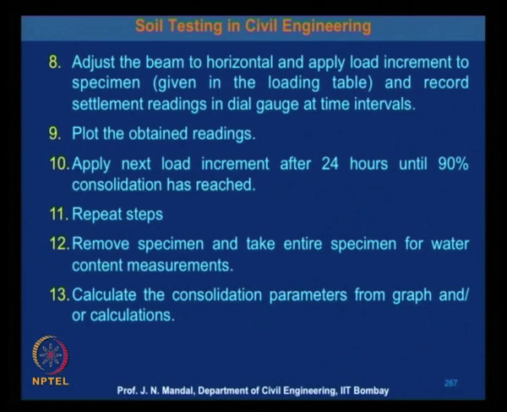I will show you how to increase the load in a loading table, and record the settlement reading in the dial gauge at different time intervals. Plot the obtained reading. Apply the next load increment after 24 hours until 90% consolidation has been reached. Then repeat the step. Remove the specimen and take the entire specimen for water content measurement.